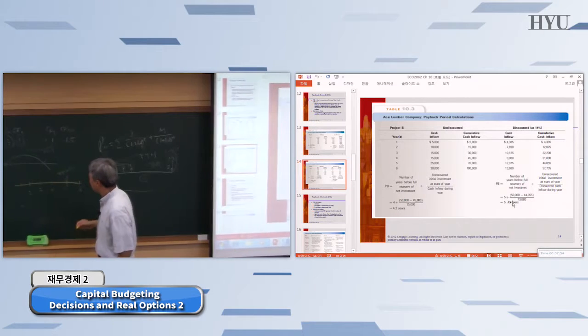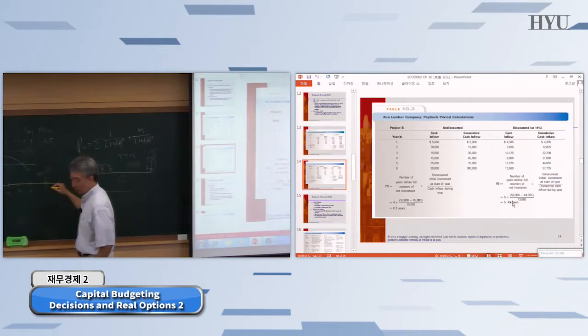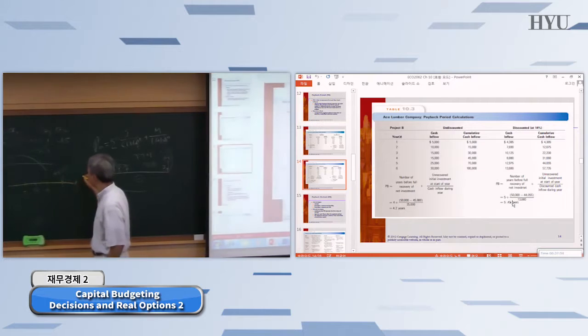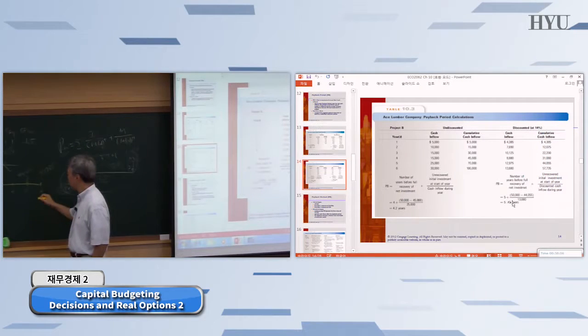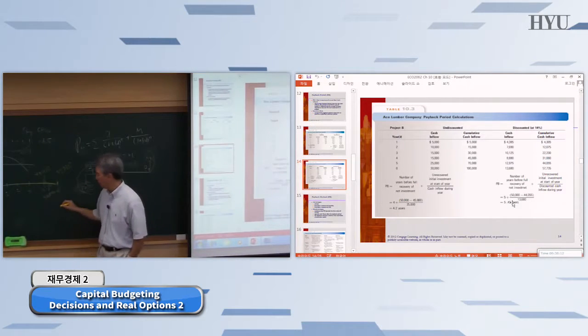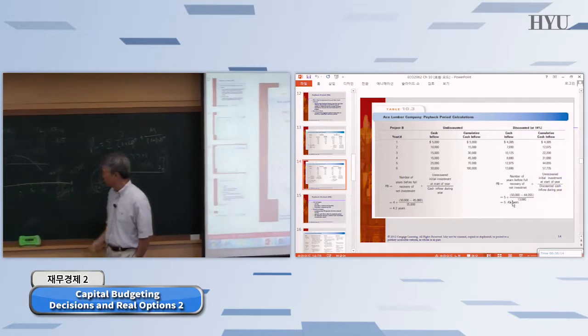Okay? But at the end of 6th year, you have recovered the 57,735. Okay? The point is, you need to recover 50,000. You need to find out how long it takes to recover 50,000, right?